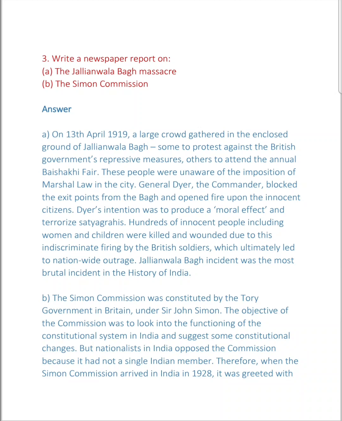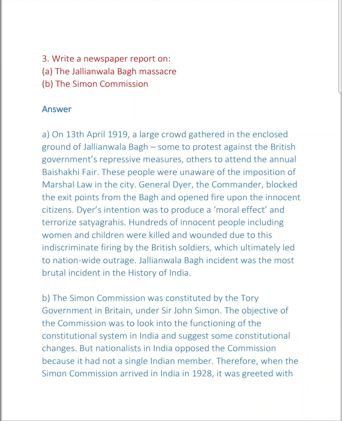Part B, Simon Commission. The Simon Commission was constituted by the Tory government in Britain under Sir John Simon. The objective of the commission was to look into the functioning of the constitutional system in India and suggest some constitutional changes.